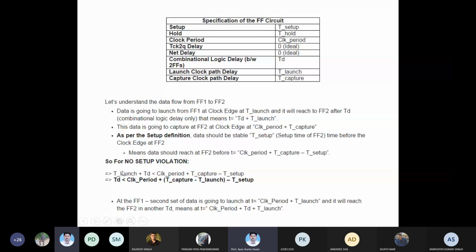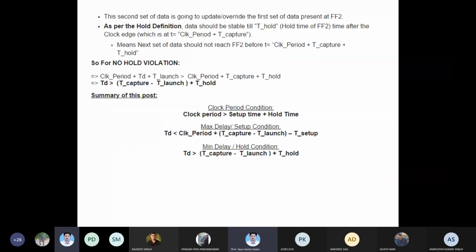So T launch plus TD is less than clock period, plus T capture, minus T setup. So the new condition is TD is less than or equal to clock period plus T capture minus T launch minus T setup. If you have T launch and T capture in the circuit, this is the formula for a setup-violation-free circuit. We are only adding T capture and T launch.